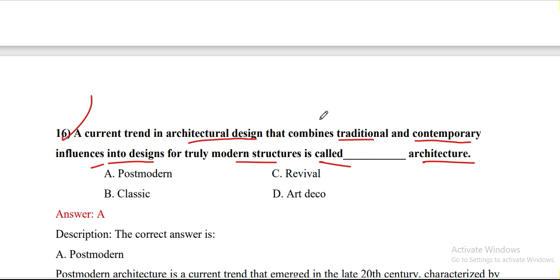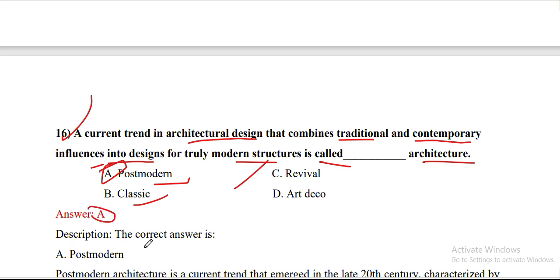From that, the combination of traditional and contemporary influences is known as: A. Postmodern, B. Classical, C. Revival, D. Art Deco. The best answer is postmodern. Option A is the best answer.